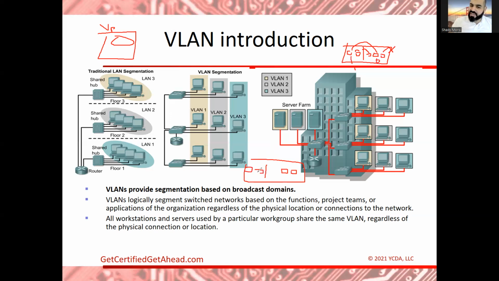Now, if I create a VLAN and someone from HR wants to talk to someone in sales, they will not be able to talk, because this is going to be VLAN ID 2, and this one is going to be VLAN ID 3. So you mean actually 2 networks, completely separated? Yes, it becomes 2 networks, not only one network.